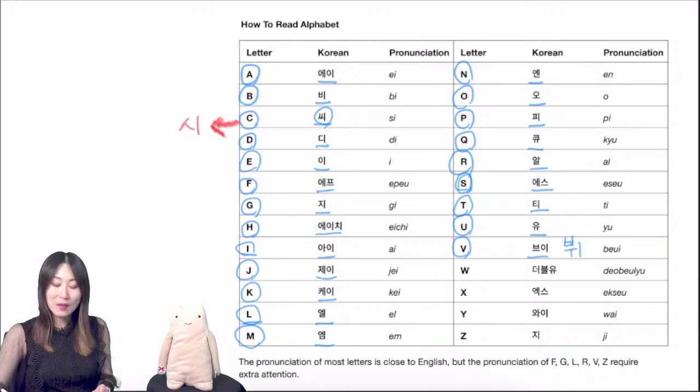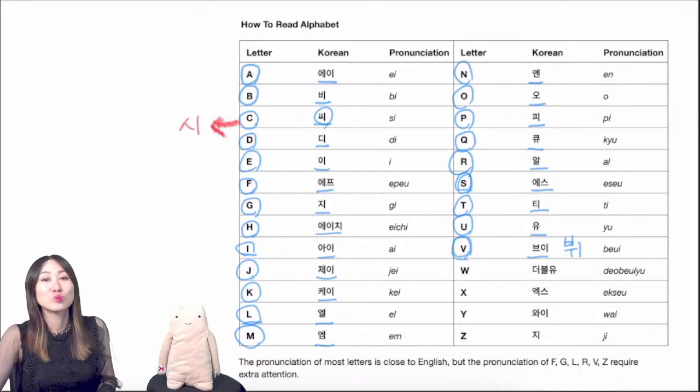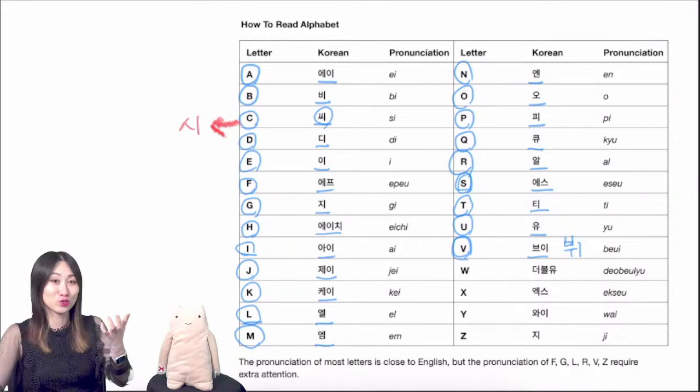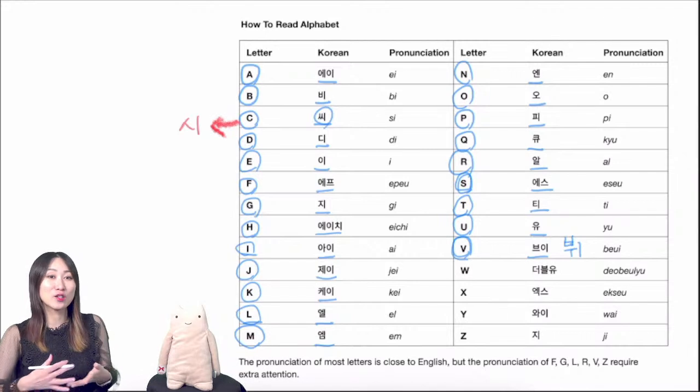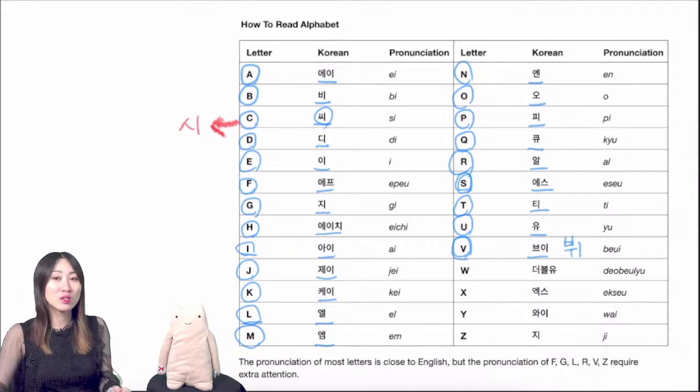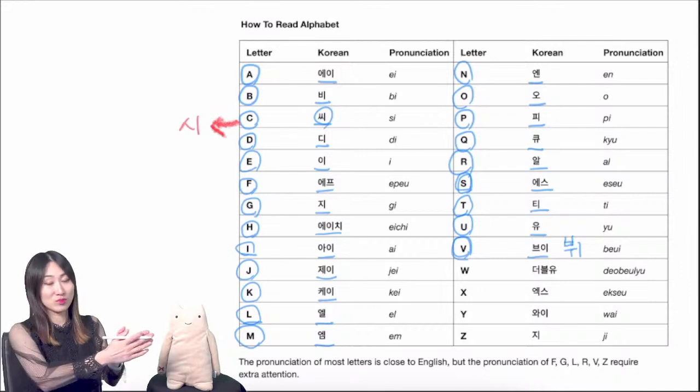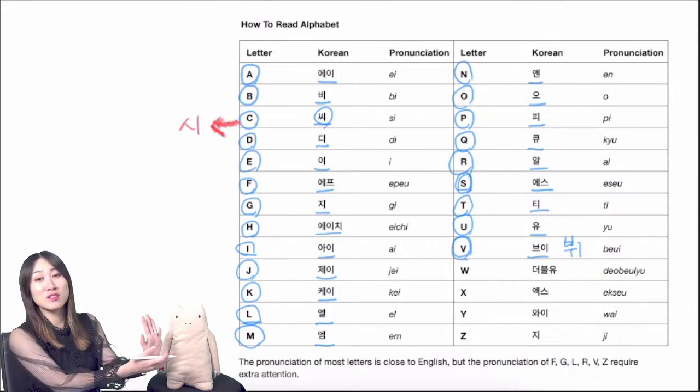But actually the alphabet, according to the dictionary, it should be pronounced differently. And actually for other words, we more often say it the other way, but it's the name BTS V chose.